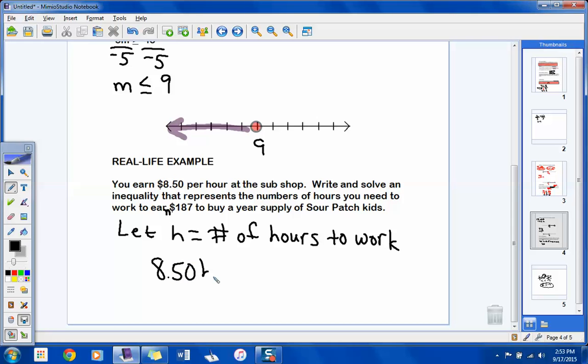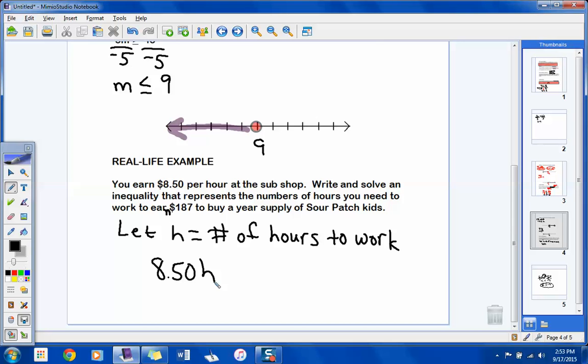Now, we want that year's supply of Sour Patch Kids, knowing that it costs $187. Do you guys want to work till you get exactly $187? No. Maybe. You could, right? More likely no. But you could also work extra.